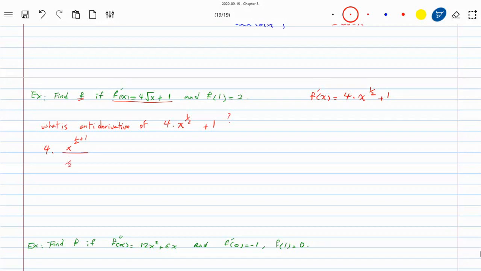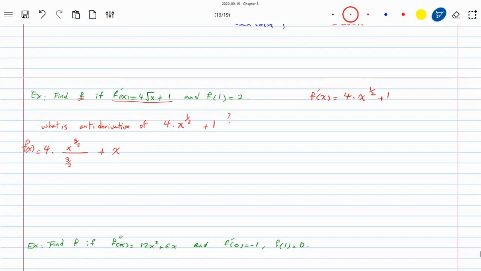What is the antiderivative of 1? The derivative of something is 1. That's simply x. The derivative of x must be 1, so the antiderivative of 1 is simply x. And so this gives you the function f, the original function.